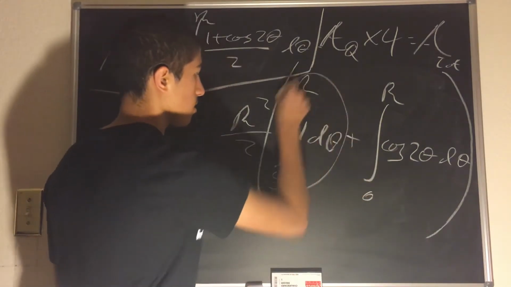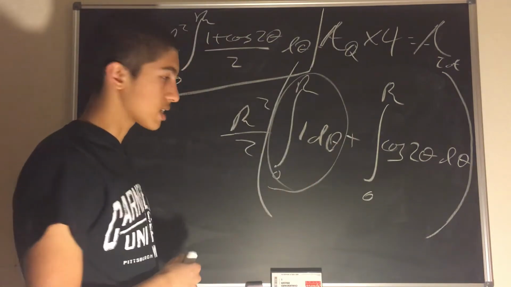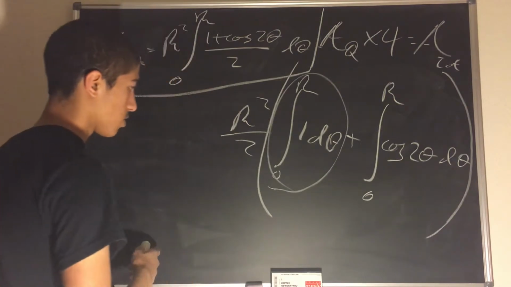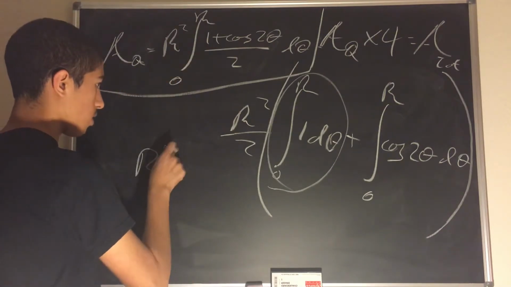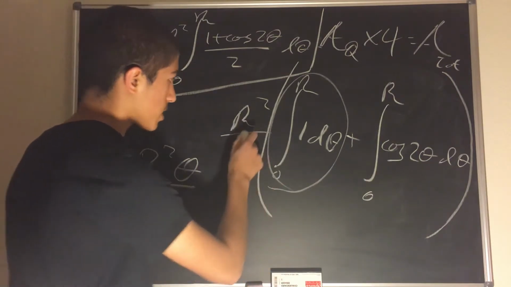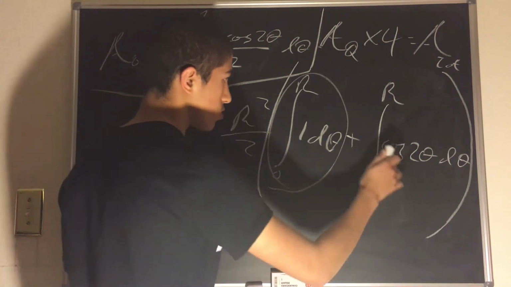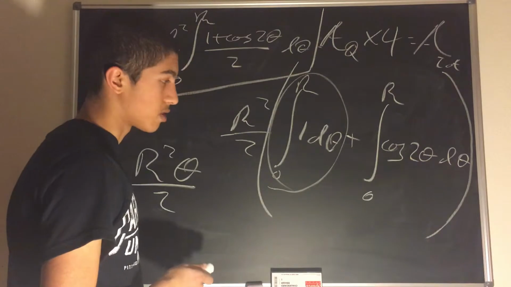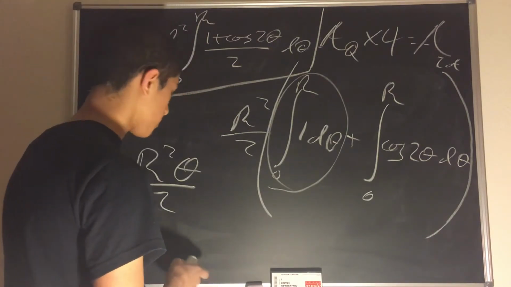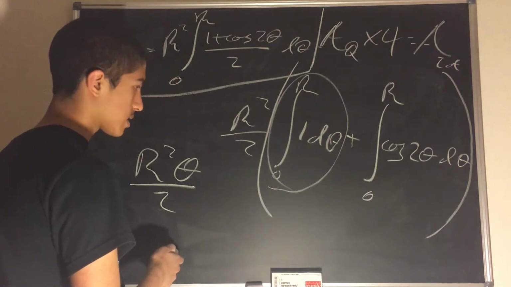And then we have this wonderful integral here, and this integral especially I like very much because it's very simple to evaluate, and it's theta. So now we have r squared theta divided by 2, and then plus r squared by 2 into the integral from 0 to r of cosine 2 theta times d theta. So let's evaluate that.